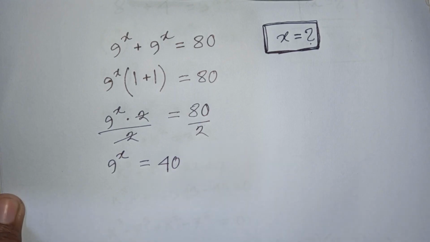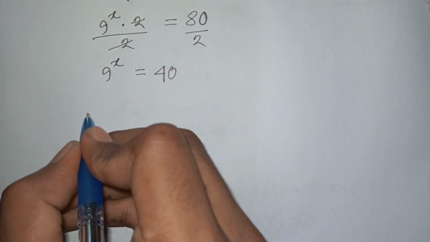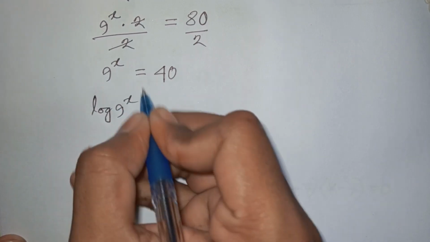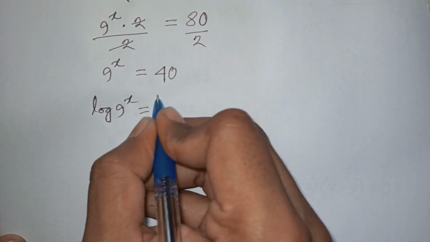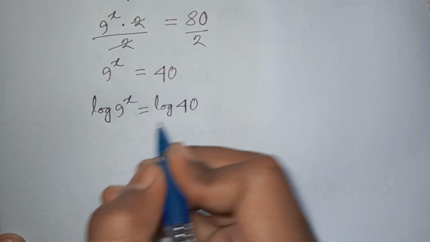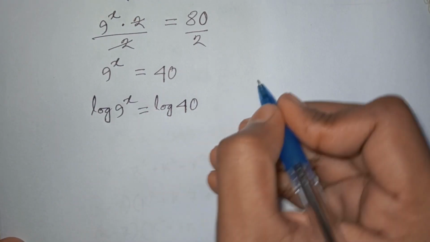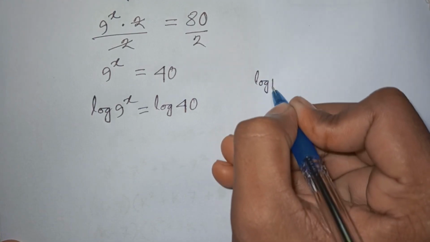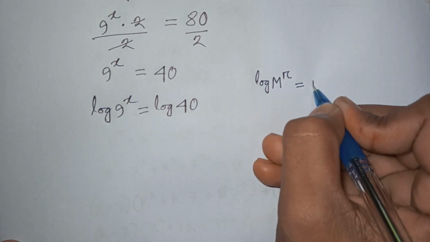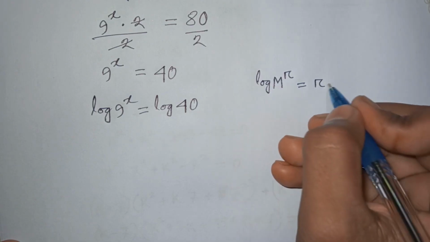In the next step we apply log on both sides. So log of 9^x is equal to log of 40. Now here we apply a rule that log m^r is equal to r log m.